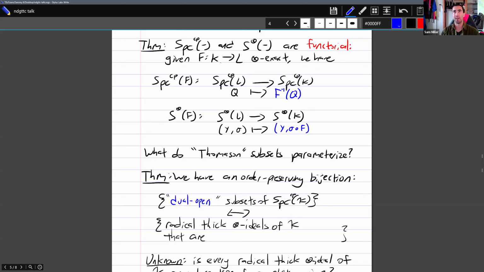Formally, they are arbitrary unions of closed sets of the form support of X, and radical thick tensor ideals of K that can be written as intersections of complete primes.